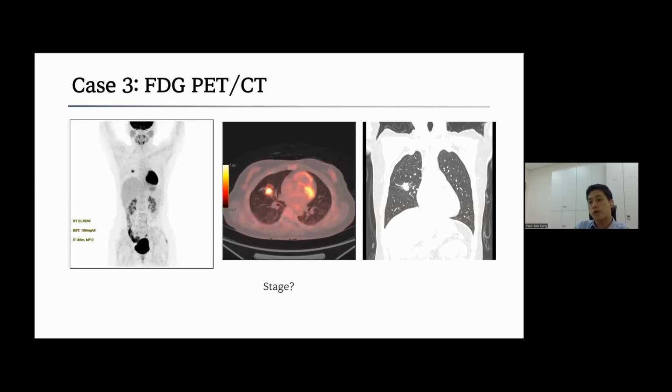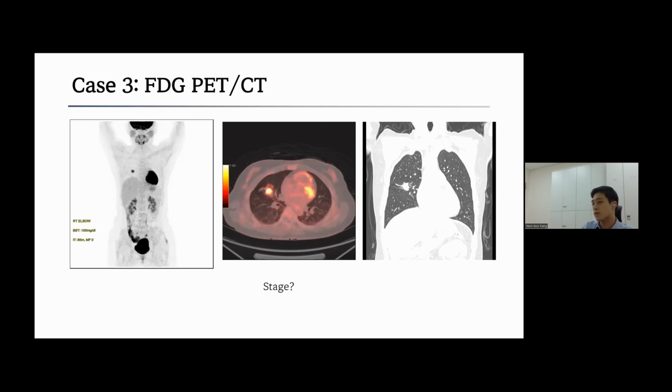However, as you can see in the third figure, the fissure retraction is observed around the tumor, suggesting pleural involvement, which can result in upstaging of T stage to T2, regardless of tumor size.